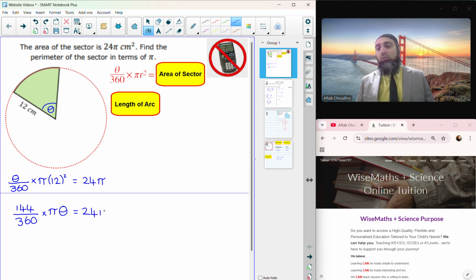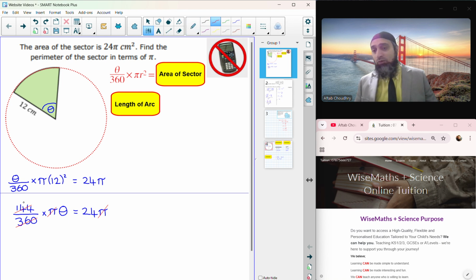Now, I've got pi on both sides, so I'm going to cancel that down straight away. We get rid of the pi's on this side and on that side, and I can also divide through by 72 in the numerator and the denominator. So let's cancel that down.